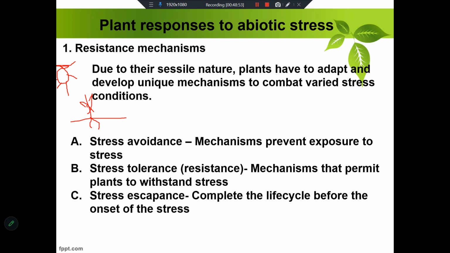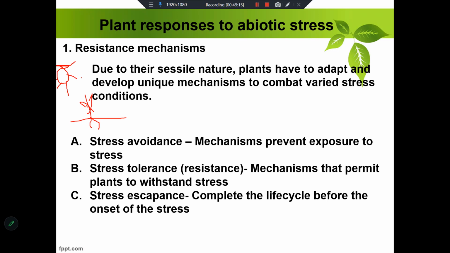Here, there are different physiological and biochemical processes going on in the plant. We know that any change in the physiology and biochemistry of the plant will cause stress.